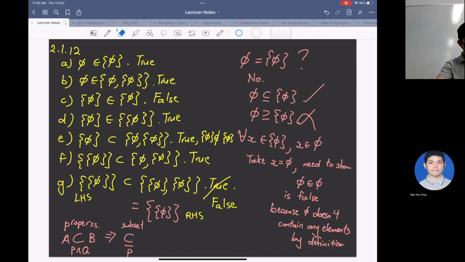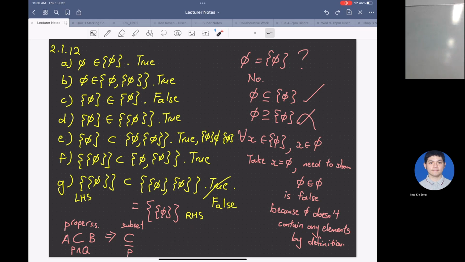G. So they repeat the element here. Actually in a set, they are equal to just one element, because a set just cares about distinct elements. If it's a multiset, then you have two, but in a set you just have one.